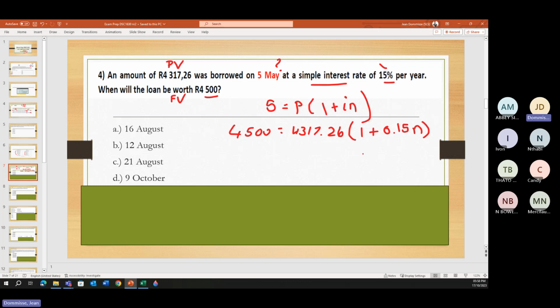So now it's nearly to say, okay, we will need to change a bit what the subject of this formula is going to be. So divide by 4317.26.